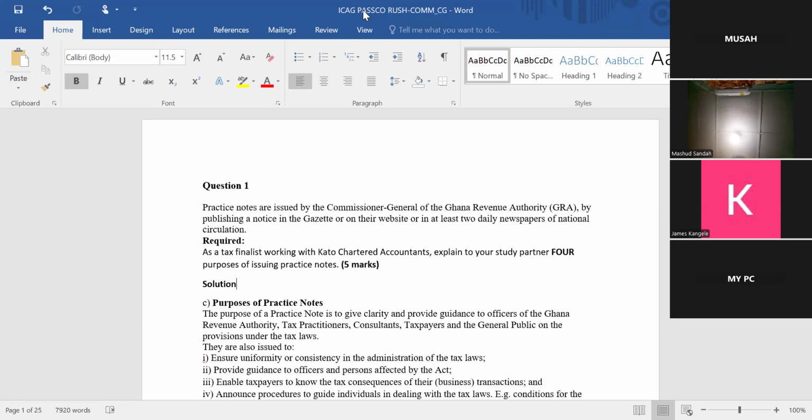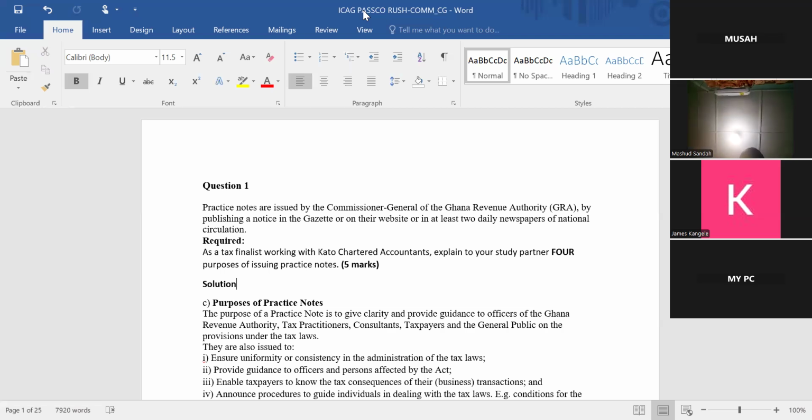And when that happened, the authority now has three divisions. We have the customs division, the support service division, and the domestic tax revenue division. All these divisions are headed by commissioners. So we have three commissioners reporting to the Commissioner General.